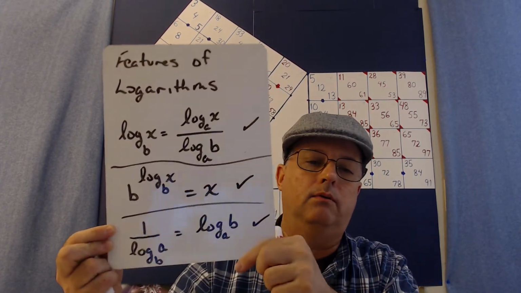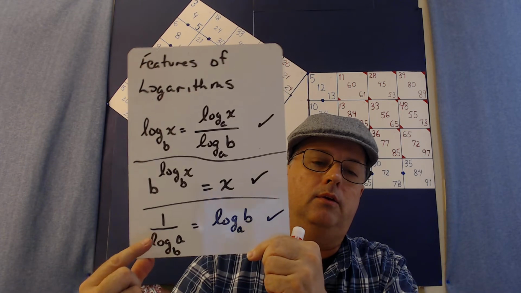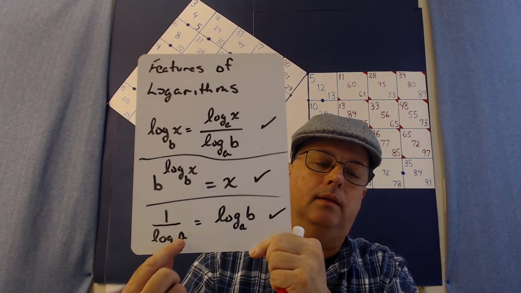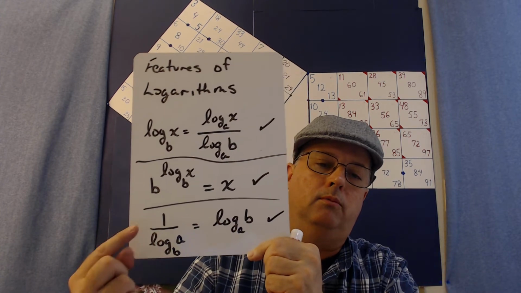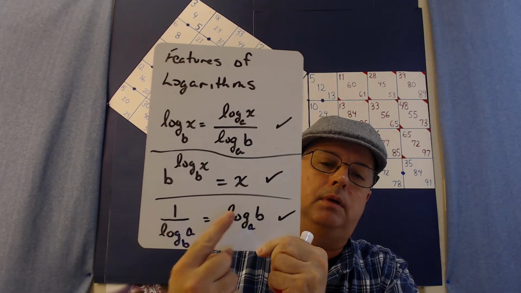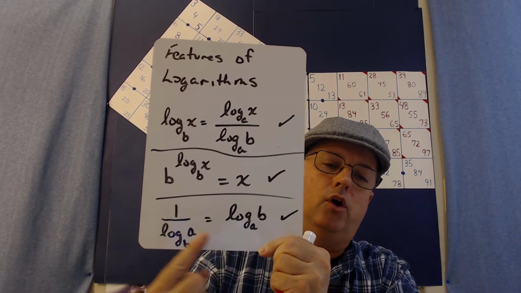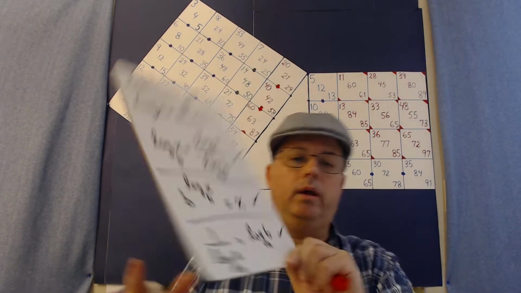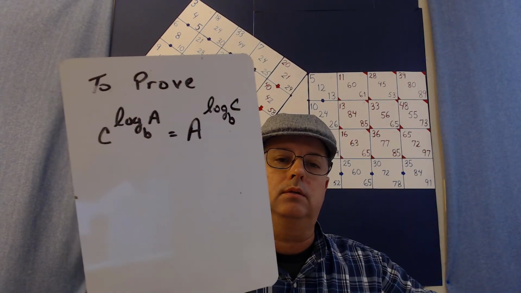If we have 1 over a log and the base is b and a is the argument, when we flip it, then the base becomes the argument and the argument becomes the base. Okay, so let's use these features of logarithms to prove this.